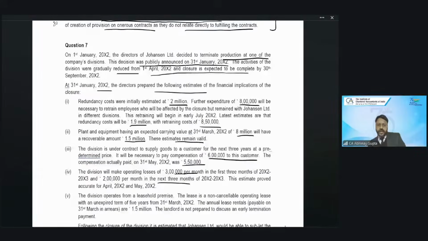The estimate proved accurate. The division operates from leasehold premises. The lease is non-cancellable with an unexpired term of 5 years. The annual lease rentals payable on 31st March in arrears are 1.5 million. The landlord is not prepared to discuss early termination payment.